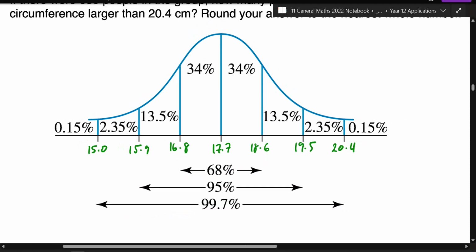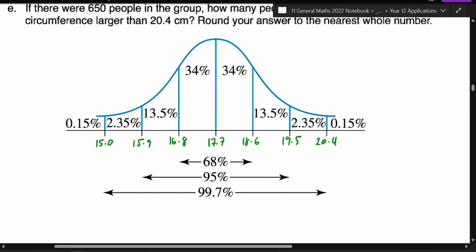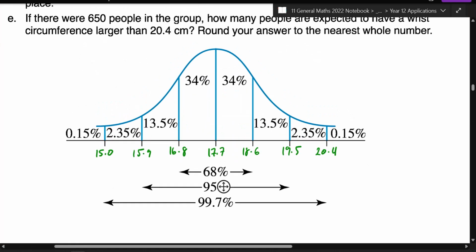So let's answer some of these questions. What range of values could 68% of the data be between? So what range of your values are in the 68% marker? That would be these values here, between 16.8 and 18.6.